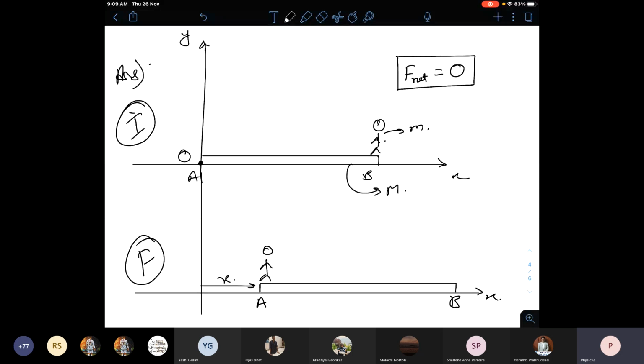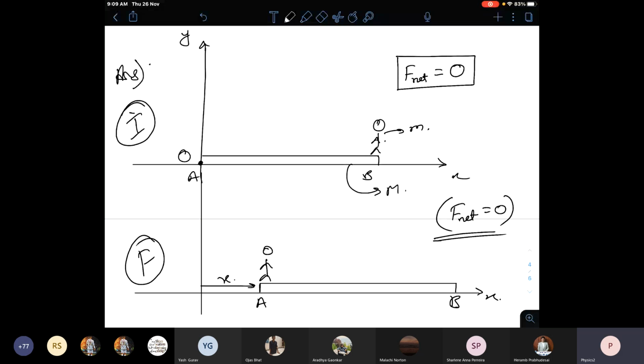No one is pushing the plank or the man externally from outside. So net force is zero. Even in the final case, the net force on the system is zero.